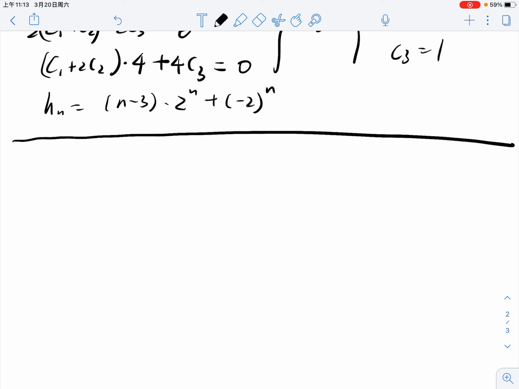The above method can actually be generalized, so we state the following theorem.